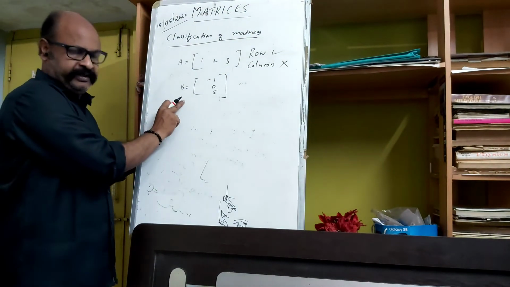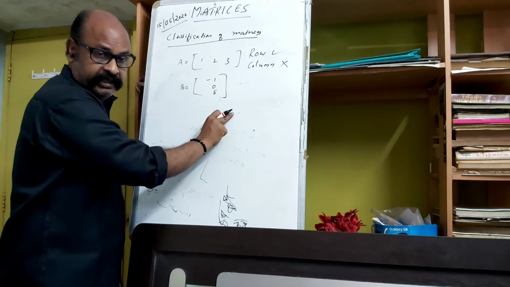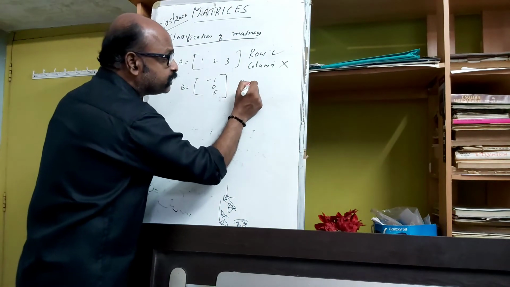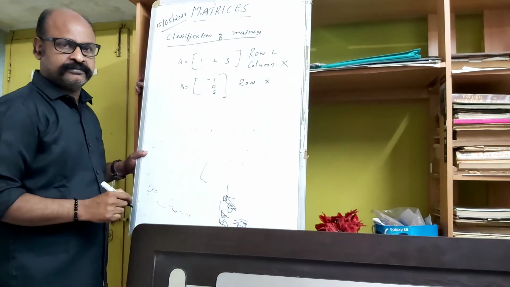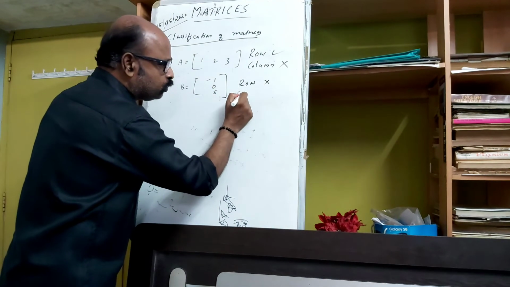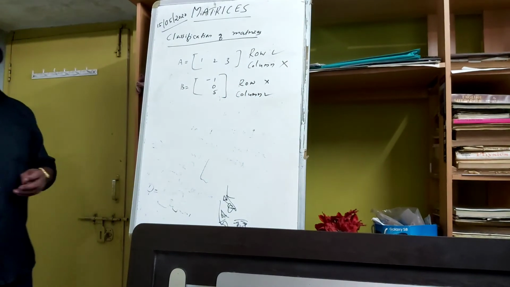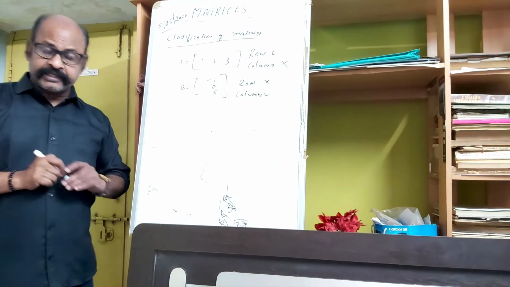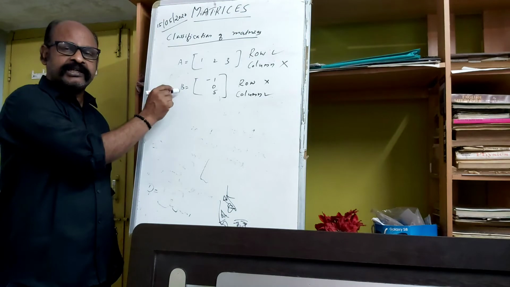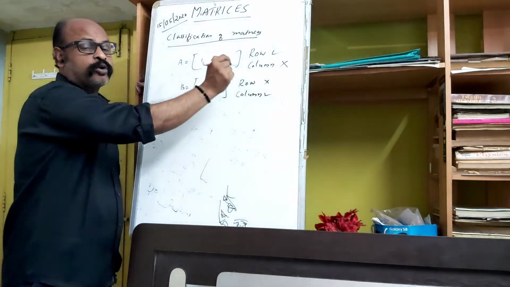Now we come to matrix B. How many rows? 1, 2, 3. So it is not a row matrix. How many columns? Only one column, so it is a column matrix. So the first matrix is a row matrix but not a column matrix, and the second matrix is a column matrix but not a row matrix.